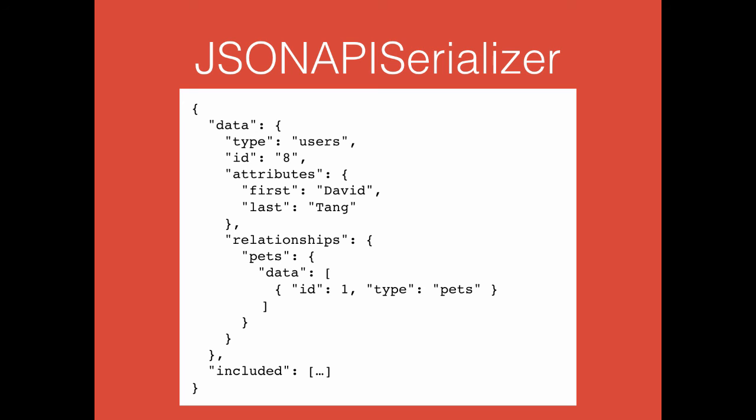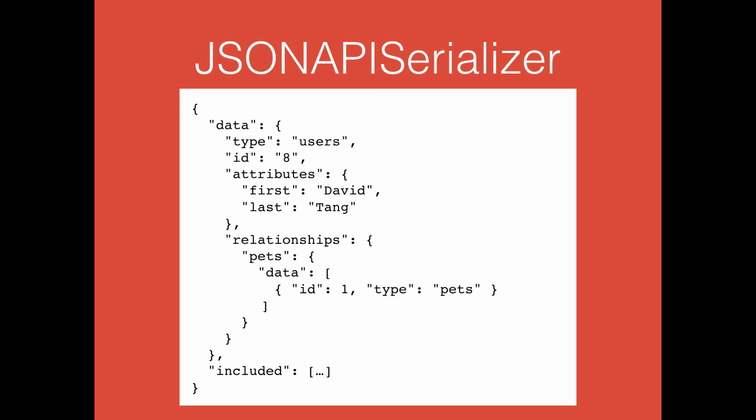I've left off a lot of stuff just to fit on the screen. The JSON API spec is a specification for standardizing JSON APIs, and one of the people behind it is the creator of Ember, and they have a serializer for it called the JSON API serializer. These are all dealing with JSON, but one's targeted towards the JSON API spec. If you just Google JSON API spec, it'll probably be the first link.